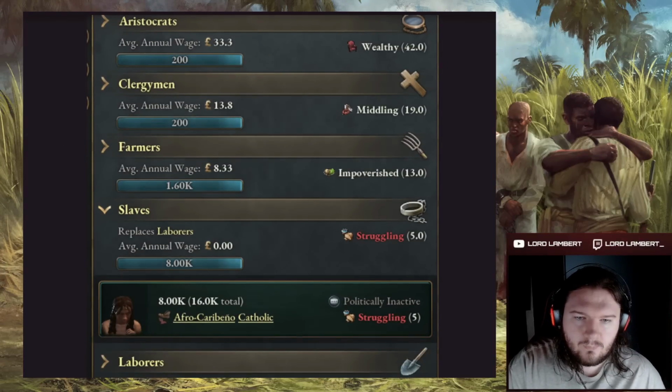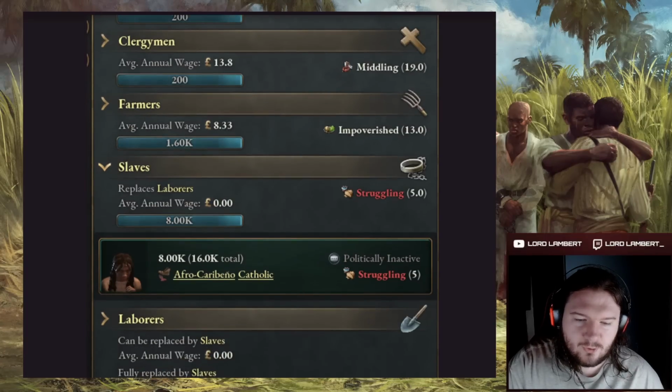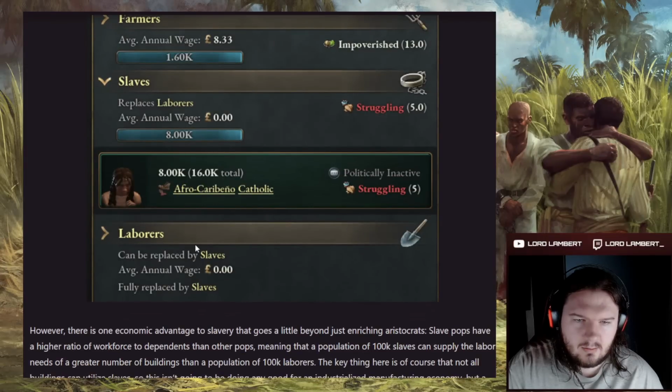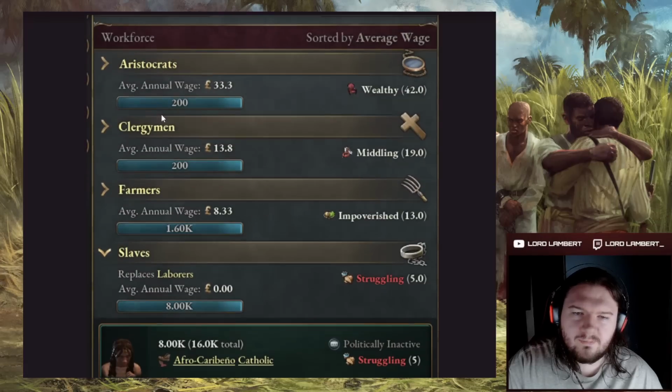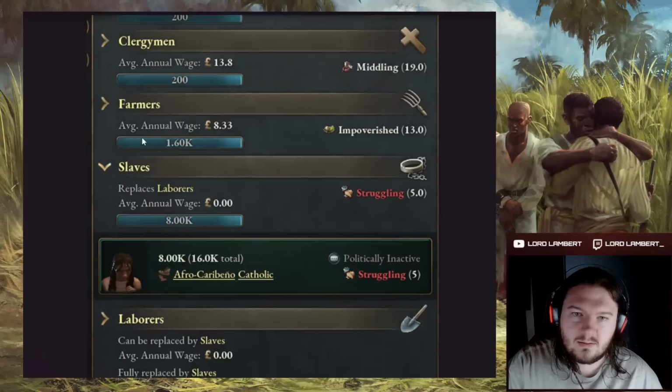But yeah, 13 is impoverished, and struggling is less than half of that, so it's not a very good existence for the slaves, for sure. And then I believe there are some laborers, maybe? Oh no, fully replaced by slaves, never mind. But yeah, actually, it's laborers and peasants. Farmers are a different one entirely, they're still apparently needed.